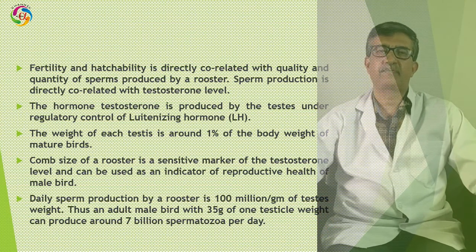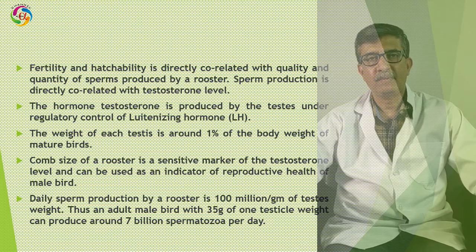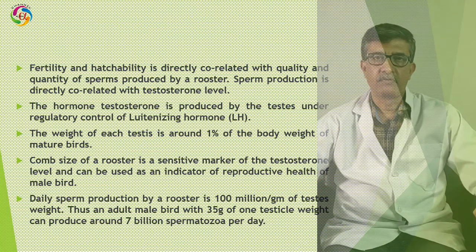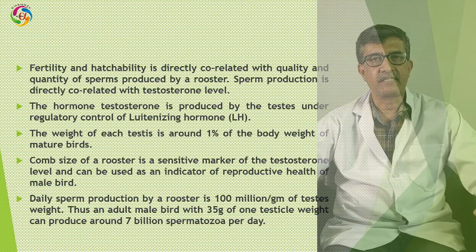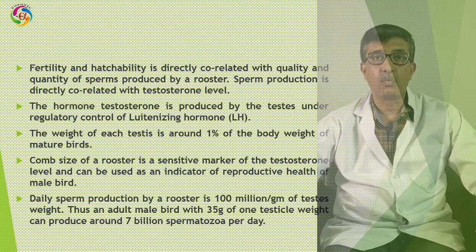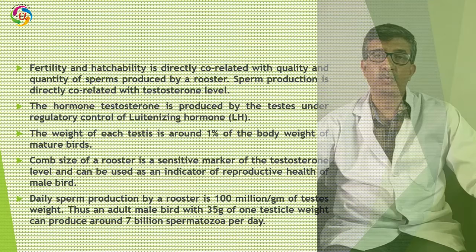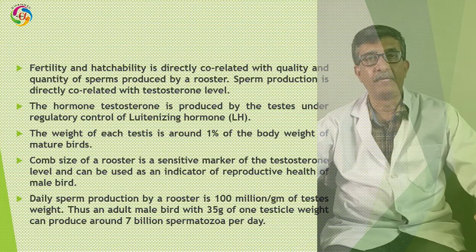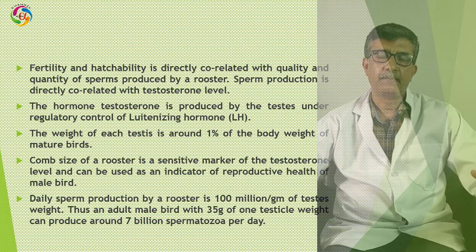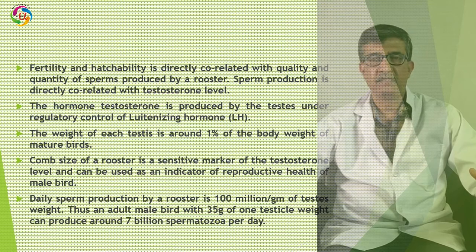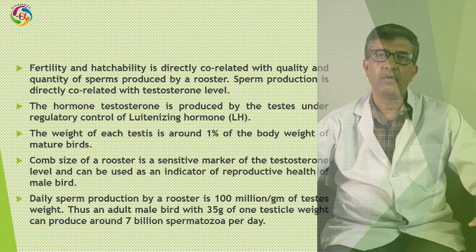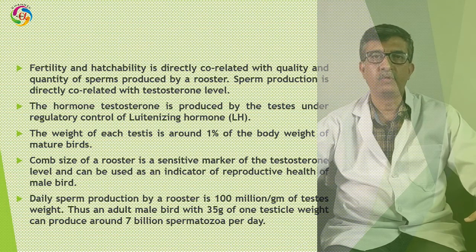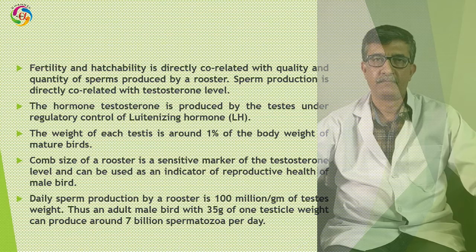Before going to the subject proper, we must understand some basic things. The weight of each testis is around 1% of the total body weight of the male breeder. Suppose a breeder bird is around 3.5 kg body weight, then the weight of each testis will be around 35 grams.